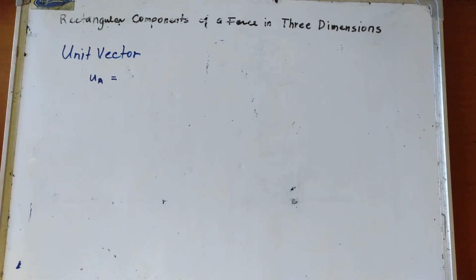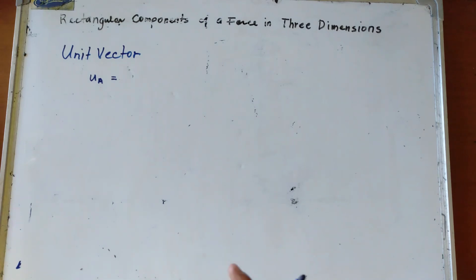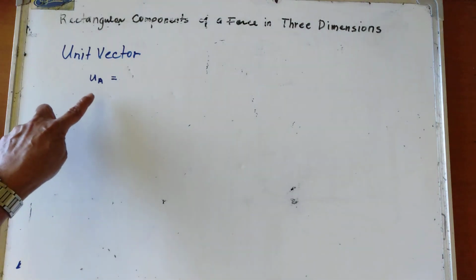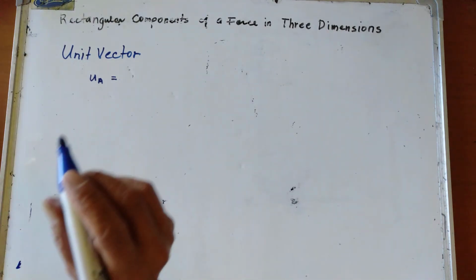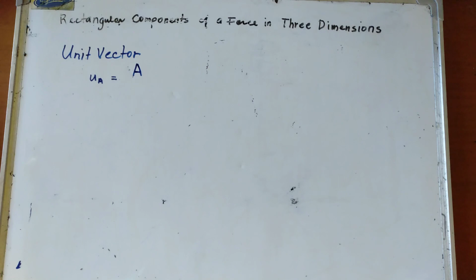So let's proceed to a unit vector. From the word unit, this is a vector of magnitude 1 unit, and it is dimensionless. It has the same direction as the vector. Let us consider that the vector is A, written in bold-faced letter.